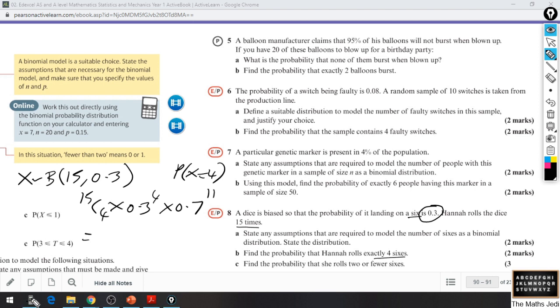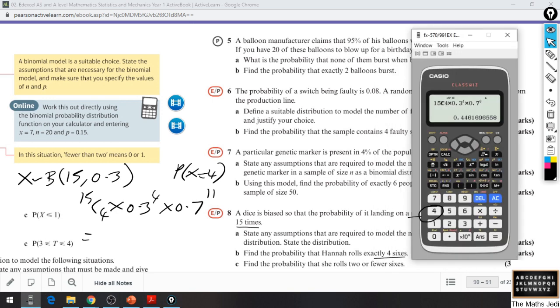We'll get the calculator up and we'll have a look at this. Put this into the calculator. Let's get rid of this so it's not in the way. Let's see what this makes of it. So 15 choose 4. Chance of success, 0.3 to the power 4.